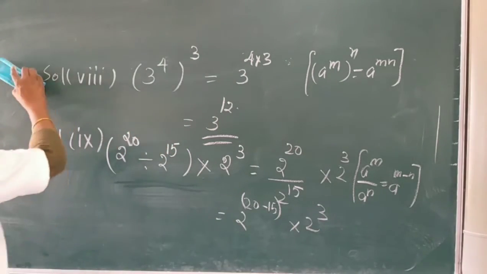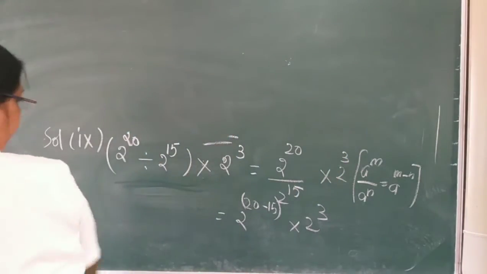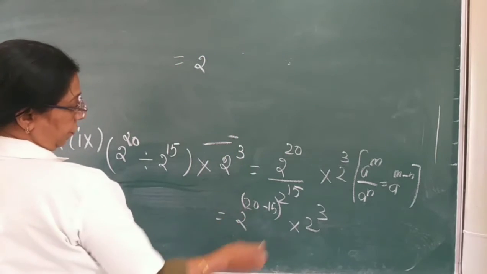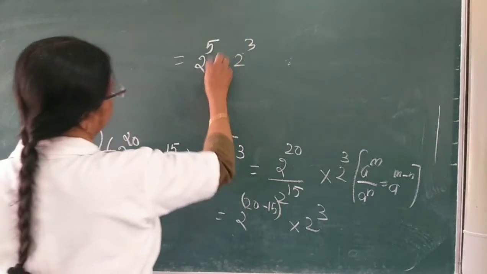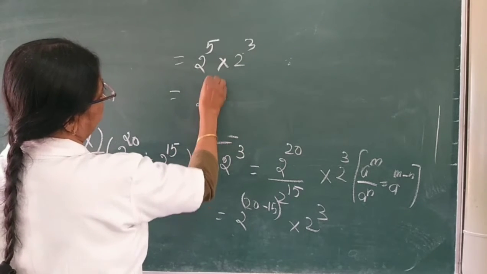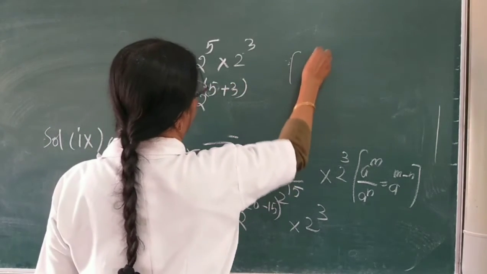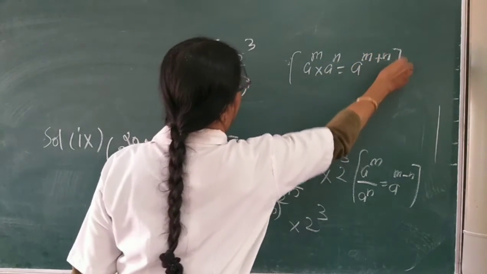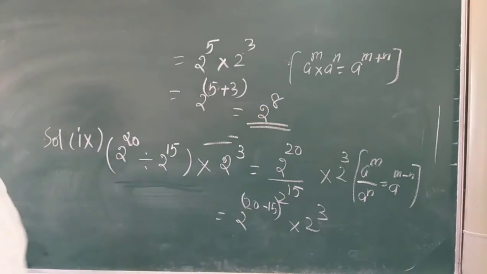That is 2 raised to 5 into 2 raised to 3. a raised to m into a raised to n is equal to a raised to m plus n, that is 5 plus 3. That is 2 raised to 8, the answer.